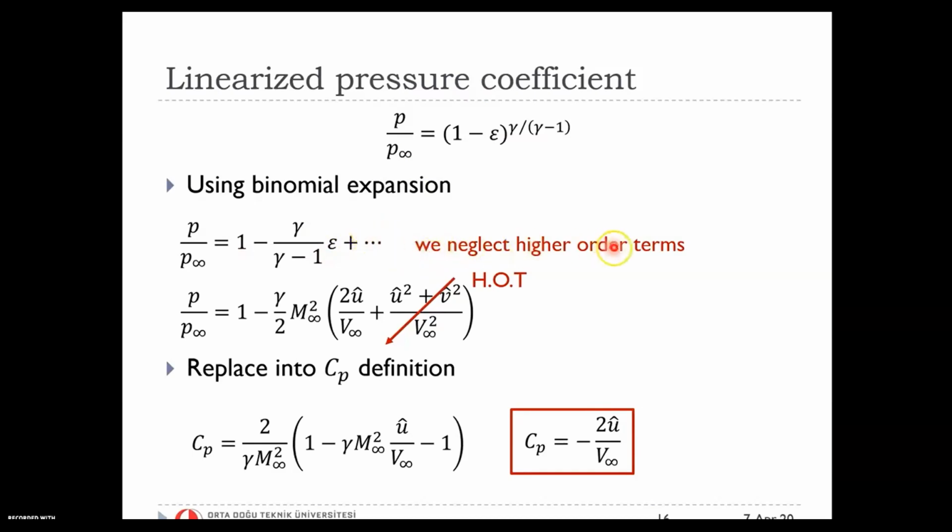Then we can neglect the high order terms in this binomial expansion of the P over P infinity term, and also neglect these terms here, and we end up with one simple Cp definition shown here. Here the pressure coefficient is only a function of your perturbation velocity in the x direction and your free stream velocity.